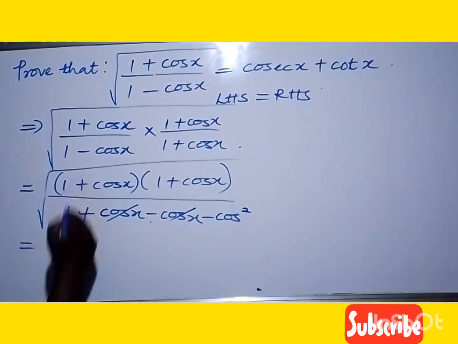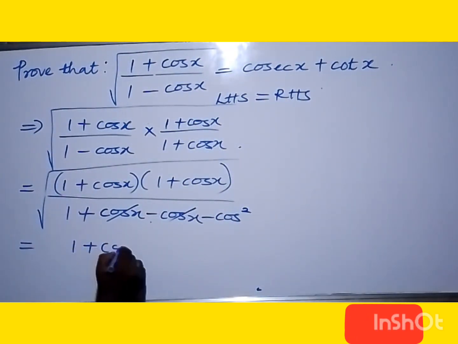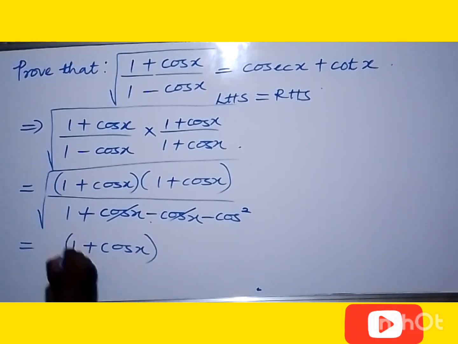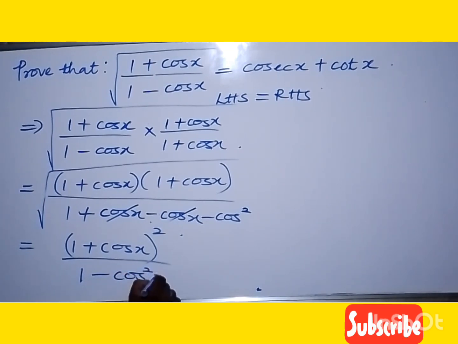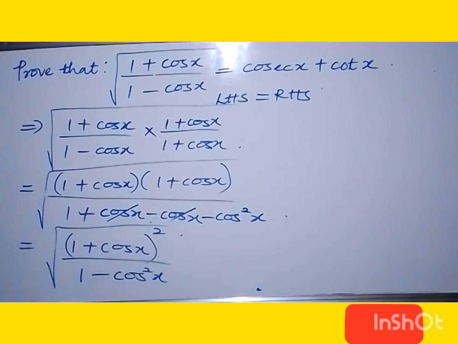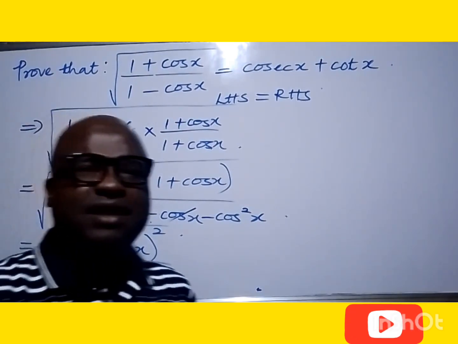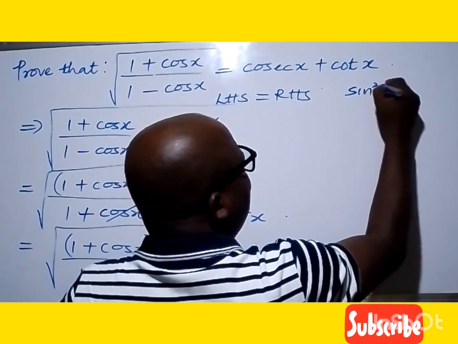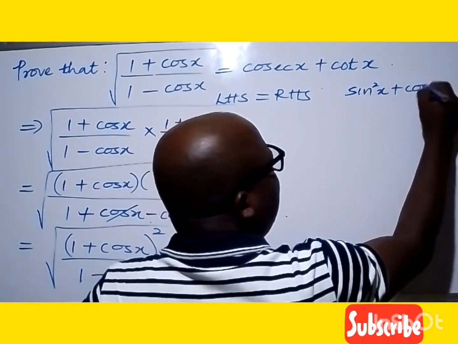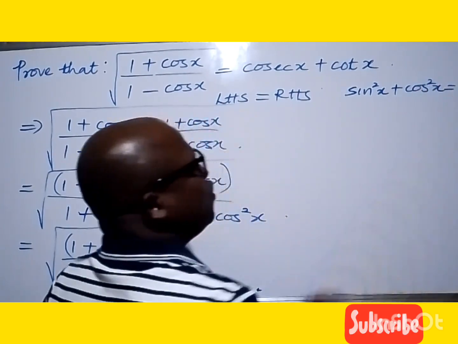So here now we are going to have 1 plus cos x squared all over 1 minus cos squared x. We have cos squared x here, so I can still put this square root sign here. But from trigonometric identity, we know that sine squared x plus cos squared x is equal to 1.